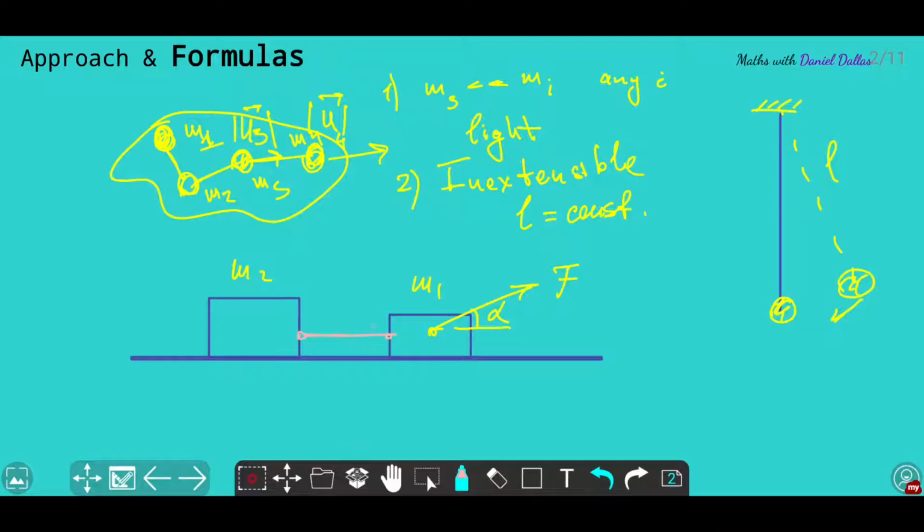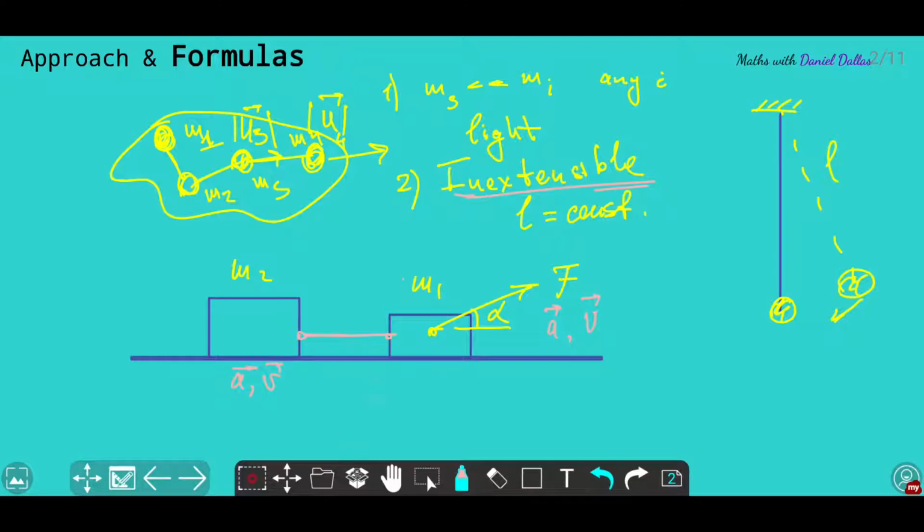And this string is inextensible. It means that if m1 has acceleration a and velocity v, then m2 will also have the same parameters. The direction is still the same if you apply the force, because you can consider those two connected particles, m1 and m2, as moving along the same straight line. In this case, you can consider this model as the connected particles model.